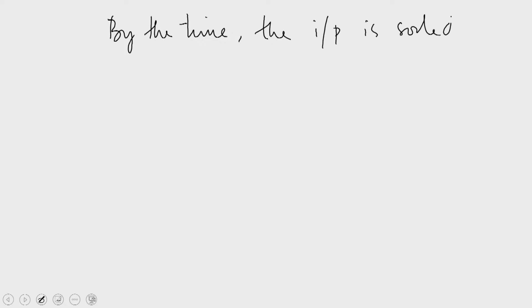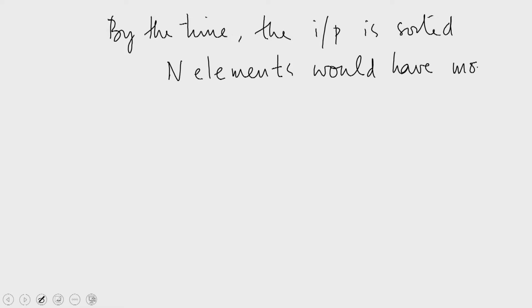So by the time the sorting is over, n elements would have moved across the bisection. In each step, no more than w elements would have moved.